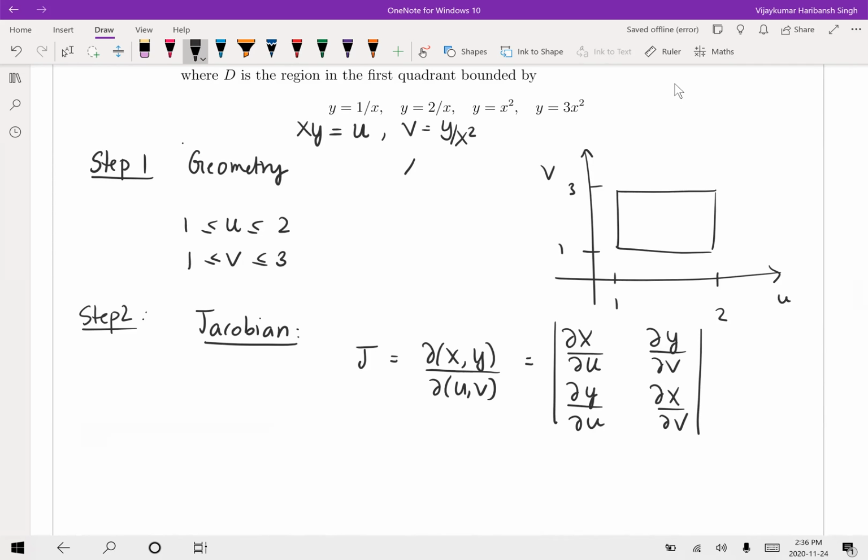Now how do we go about that? Here we do not have x and y in terms of u and v, so either we write them that way or we can do it implicitly. We'll try to do it in the following way.